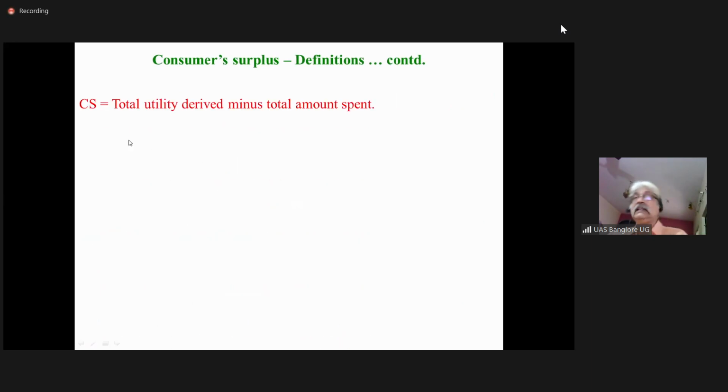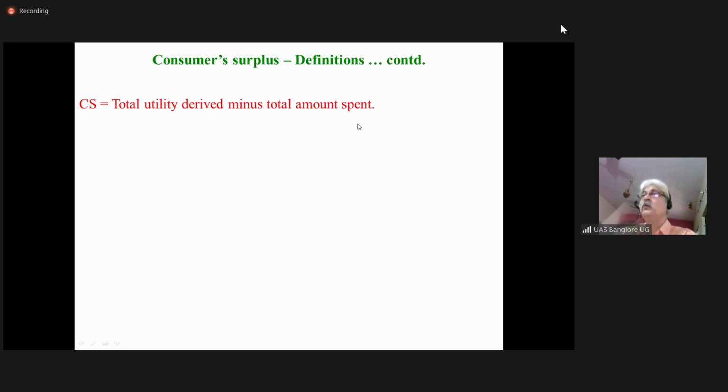So the other way of explaining it is consumer surplus is equal to total utility derived minus total amount spent. Now, in that film theater example, you were ready to pay 500 rupees. That means the total utility that you could derive was 500 utils if you equate the price with the utility.